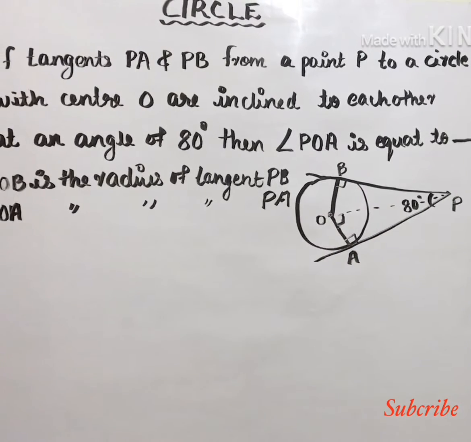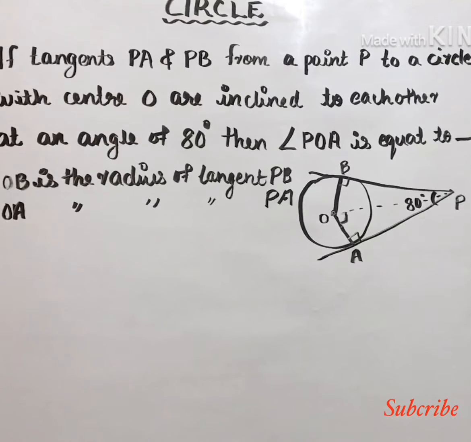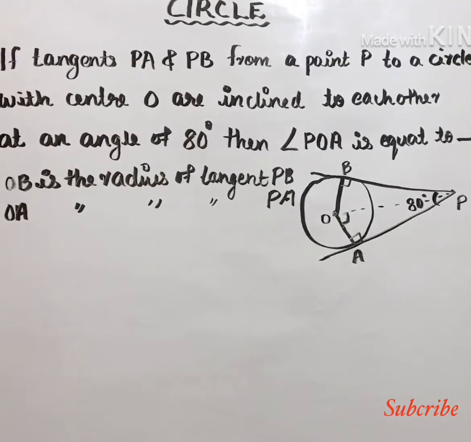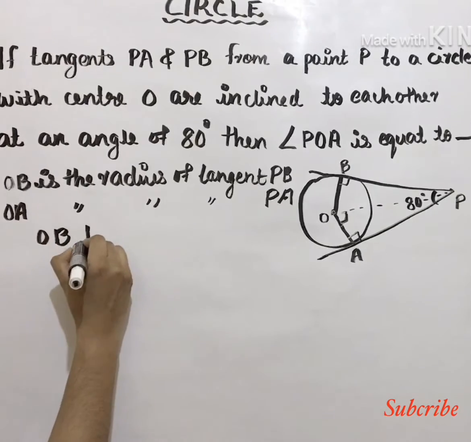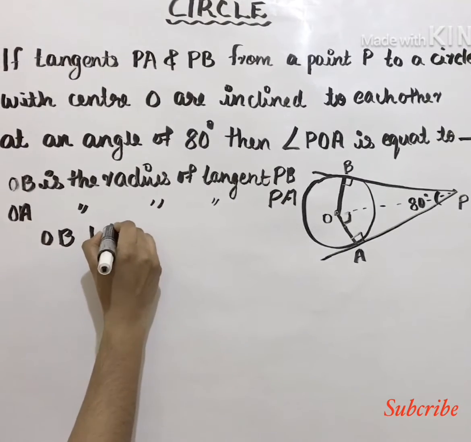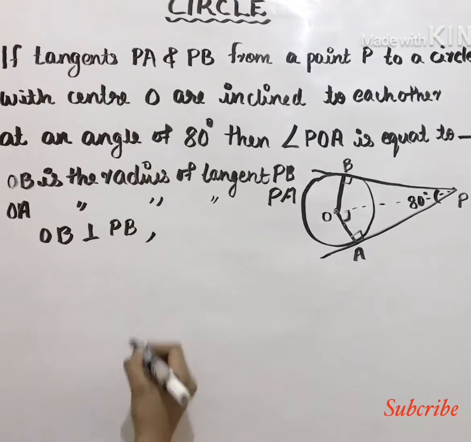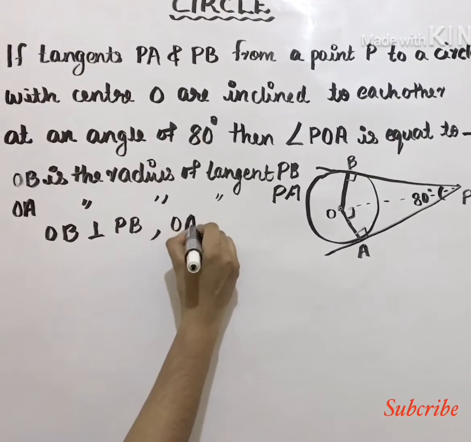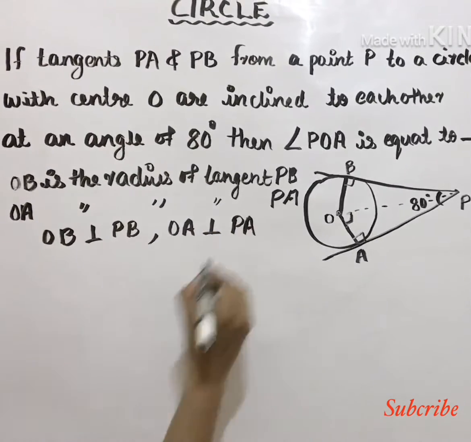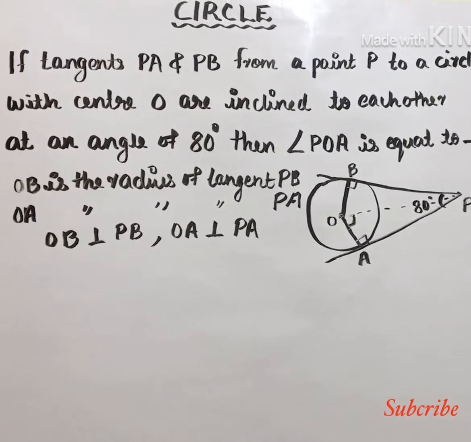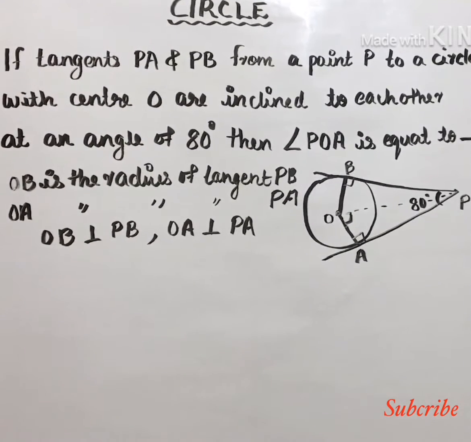Similarly this angle is 90 degrees. So OB is the radius to the tangent PB and OA is the radius to the tangent PA. Therefore OB is perpendicular to PB, and similarly OA is perpendicular to PA.